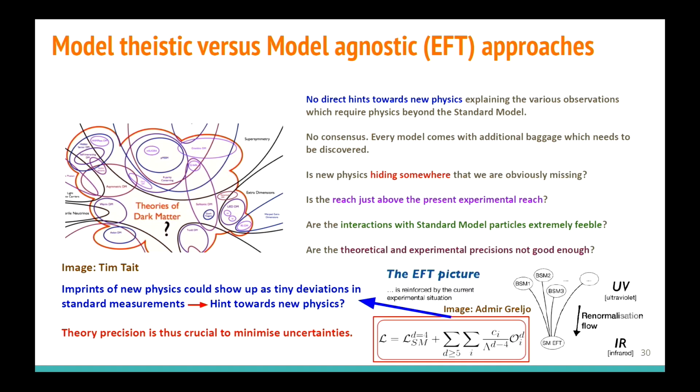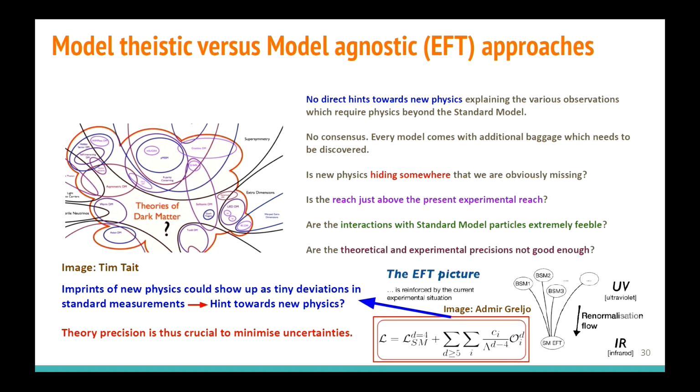So the next point is, is new physics hiding somewhere that we are obviously missing? It could be that new physics is just outside the reach of the LHC. That's one way to look at it. But then how far outside? We don't know. We don't have an answer to that question. Then the next question is, if there is some new physics, are the interactions with the standard model particles, if at all, otherwise it would be a nightmare scenario, extremely feeble?